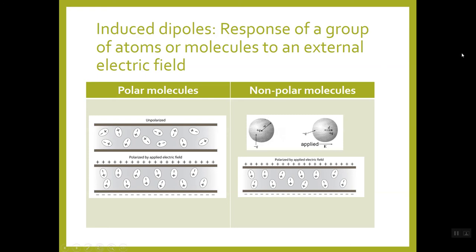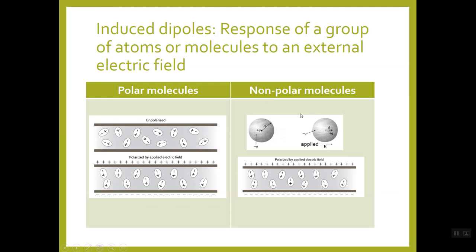If we start with polar molecules, they already have dipole moments even if we don't place them in an electric field. But because of thermal energy, they're random and not aligned. Then we place the polar molecules in an electric field and this aligns them.